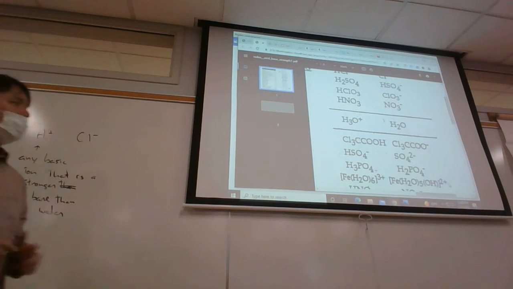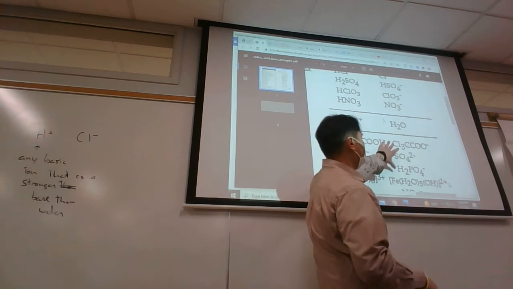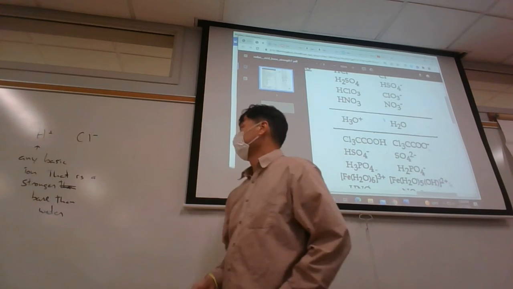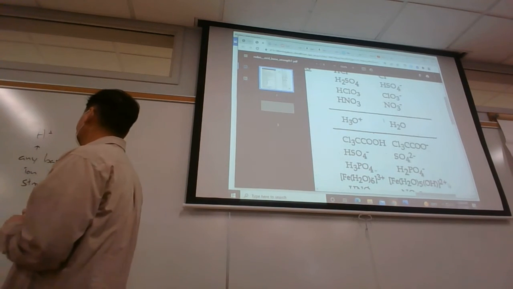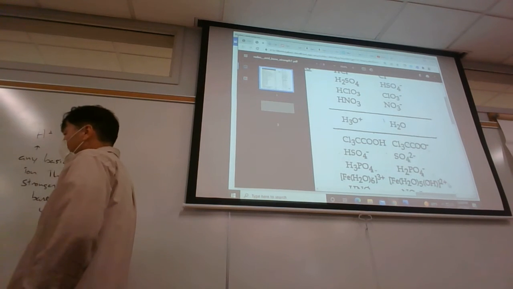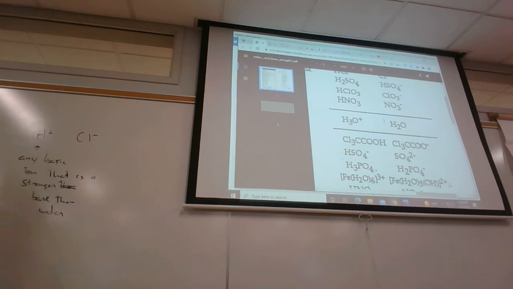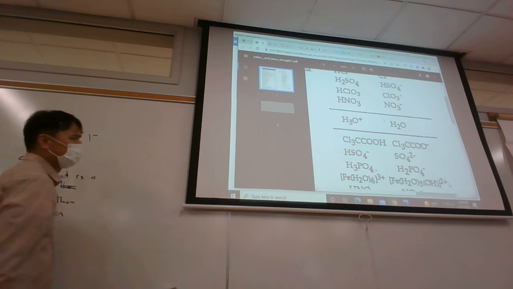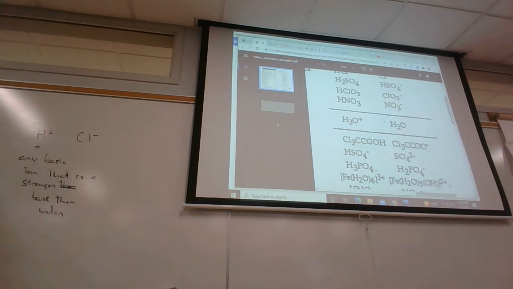And what are the ions that are stronger bases than water? We have a huge list of them here. And that's what H plus likes. H plus also likes other things as well, but they're all kind of similar in a sense.